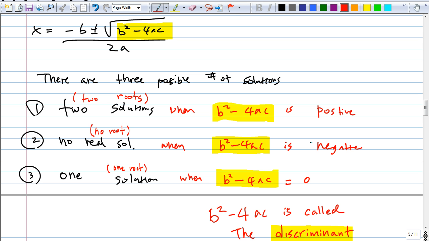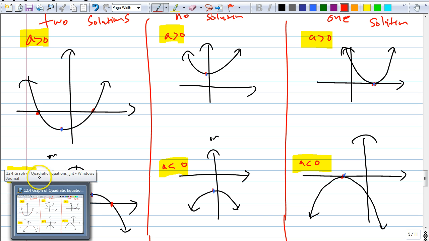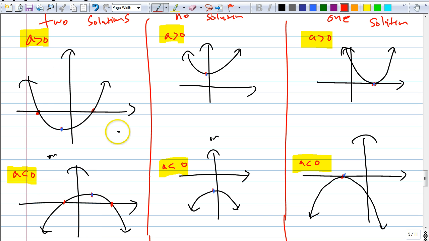All right, then let's go back to the pictures that we drew with all the vertex and so forth. And we could now add something to that. Let's see if you can understand now what I mean. Didn't we draw all these pictures? So we can now write something underneath. When do we get two solutions like this? Underneath we could write when the discriminant is positive. What about for no solution? When the discriminant is negative.